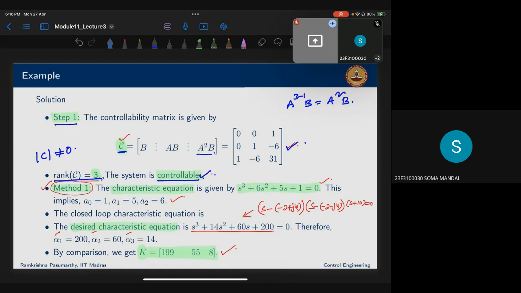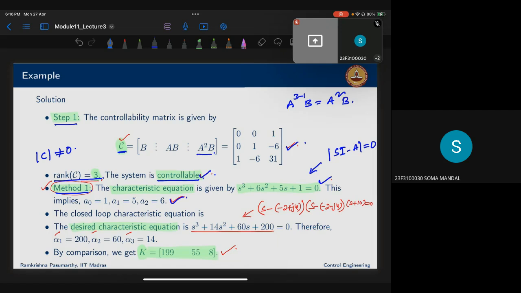Next, method 1: since we have the A matrix, take the determinant of sI minus A equal to 0, which will give you this equation. So the coefficients are these.